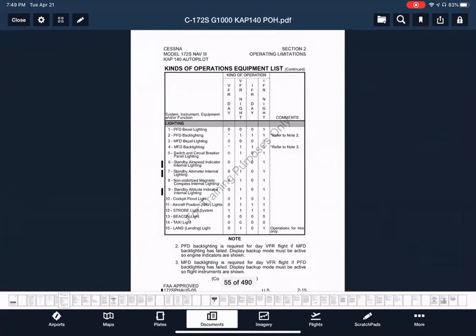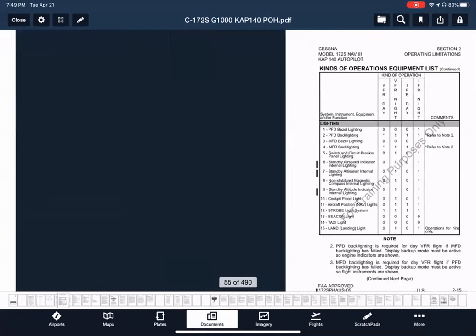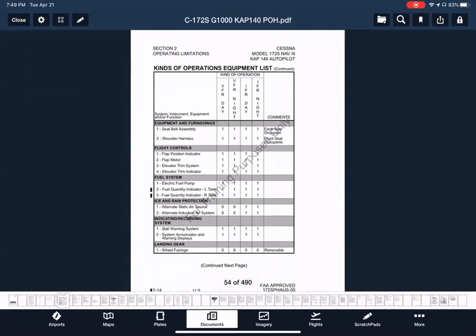Oh, look at that. It's in the KOEL. When we come here, flap motor, under flight controls, 11111, it's required. Yep. So can we go?